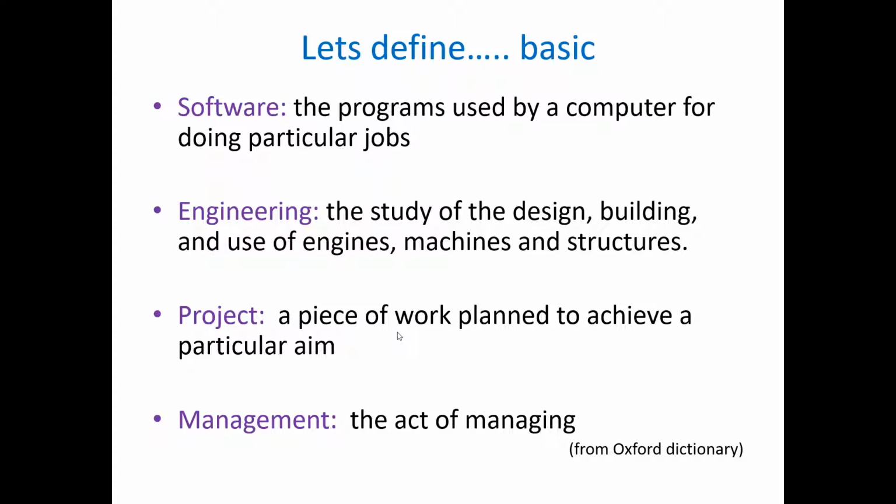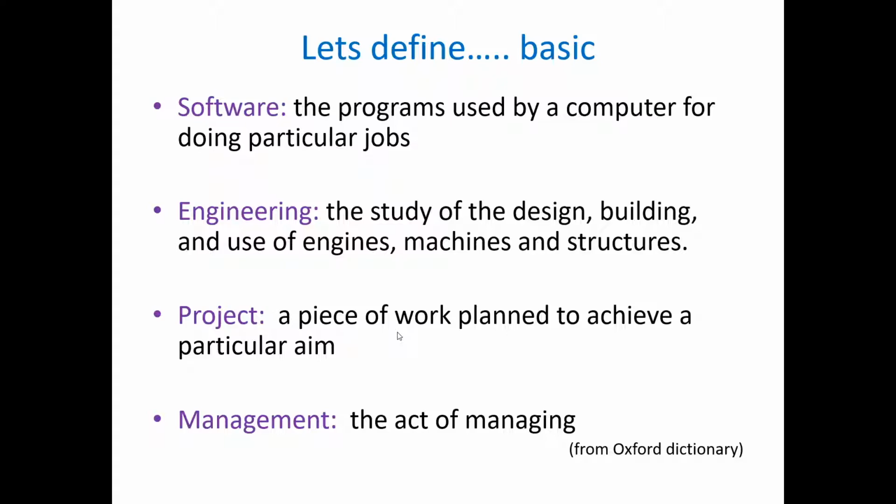Simply put, it's a piece of work planned to achieve a particular aim. For software engineers, a project may always mean a software project. However, a project is always a piece of work planned to achieve a particular aim, just as software is for doing a particular job.